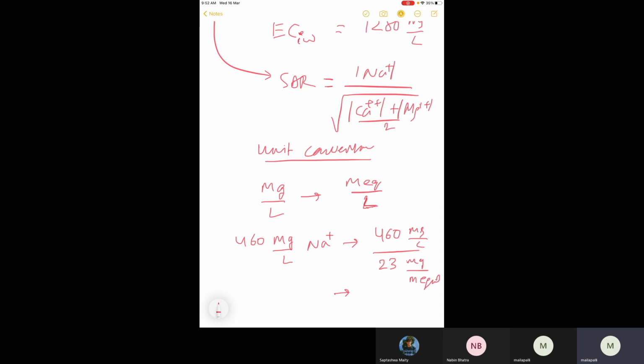So this will be 20 milliequivalent per liter Na+.